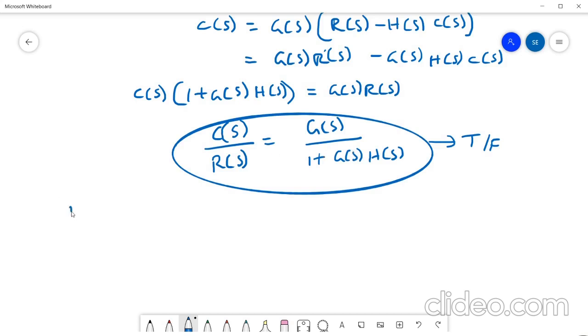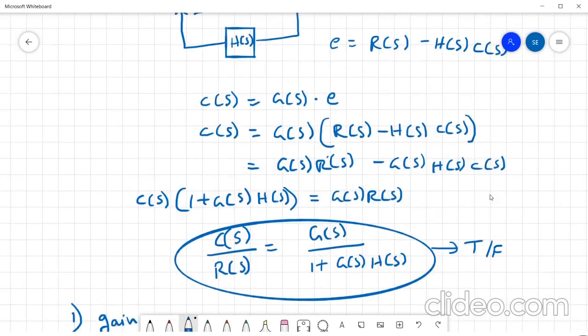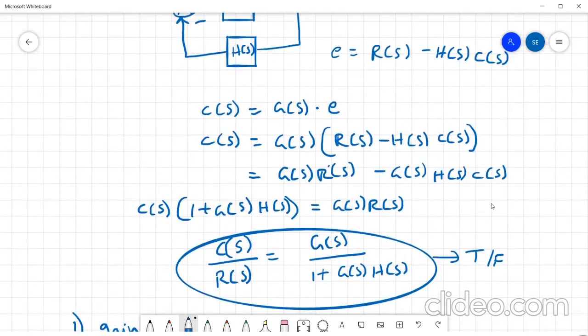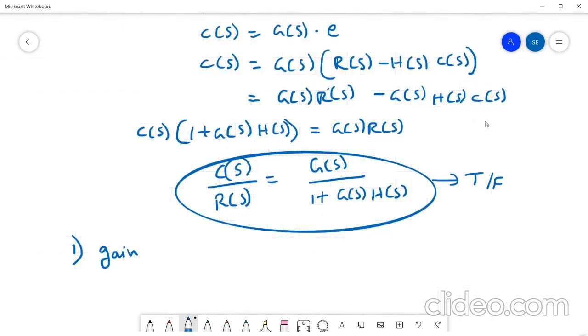So for the first one, overall gain, what happens if the feedback gain H of S is manipulated, right? In a block diagram, if you see, H of S is the feedback gain, right? Feedback gain is H of S, and if I am giving certain values to H of S, what will happen to overall system?